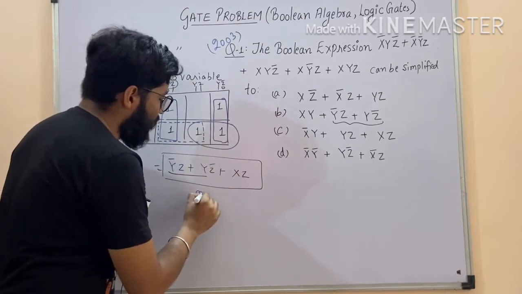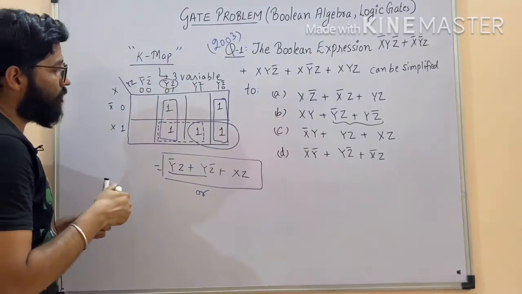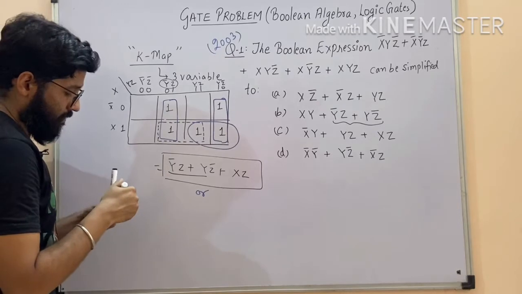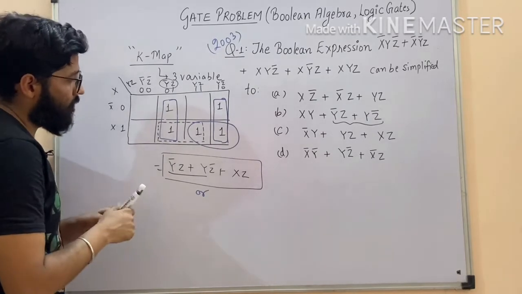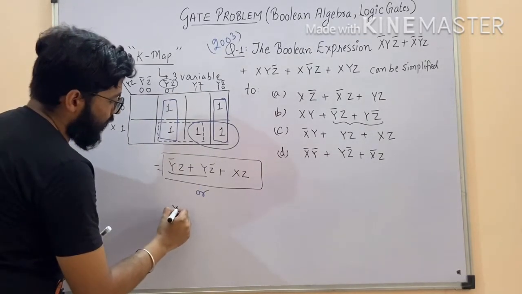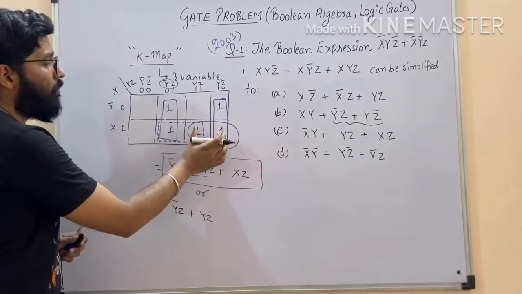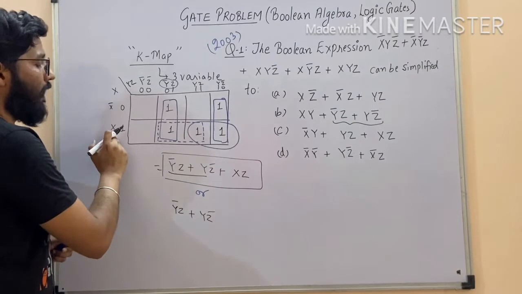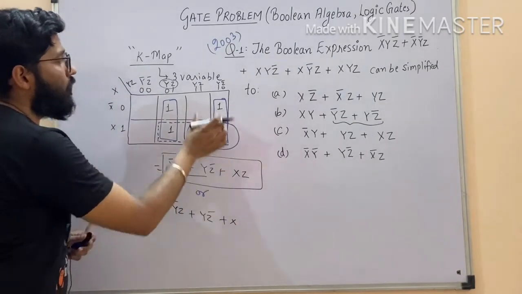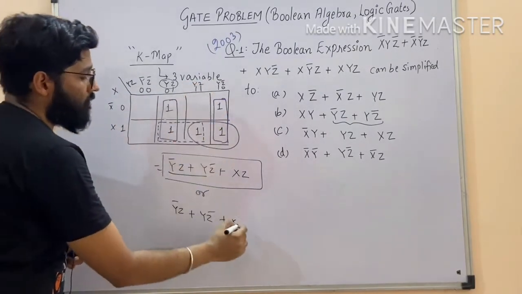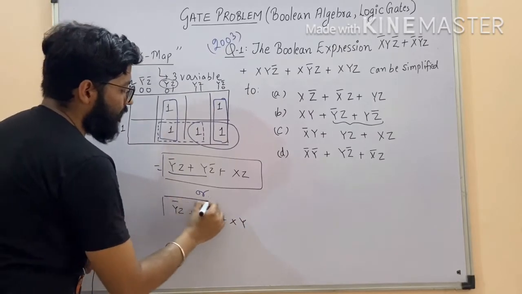So the second answer is, if you consider this grouping, suppose, you have to see this is y complement z plus y z complement plus. Now you have to write the grouping of this. You have to see here x is common, plus in the top y z and y z complement, what is common? Y is common. So here is the answer this.